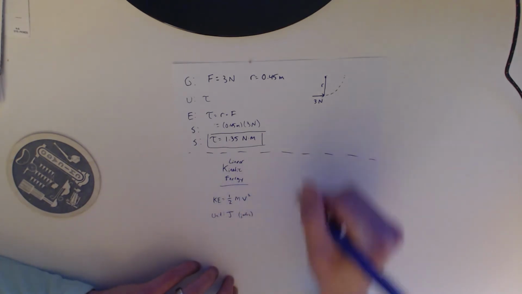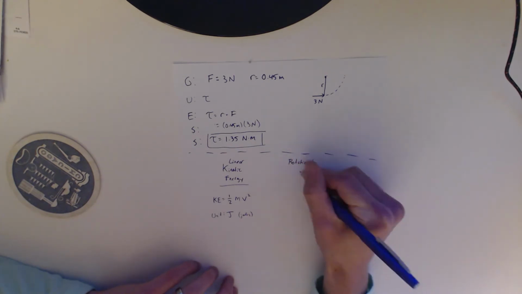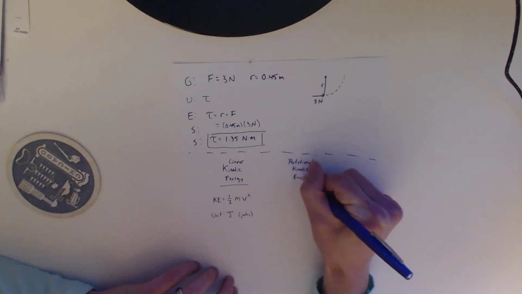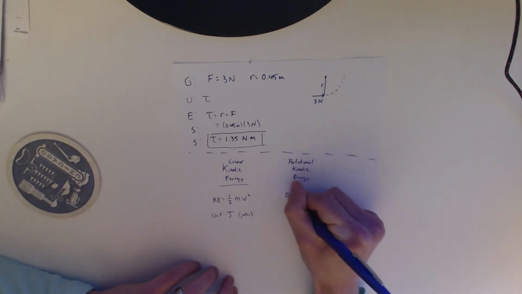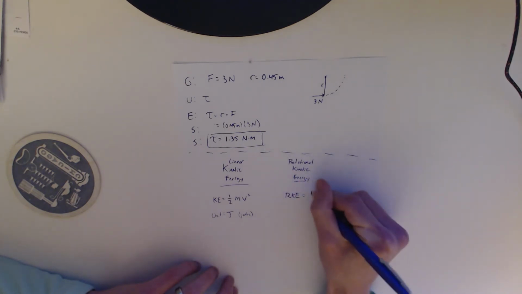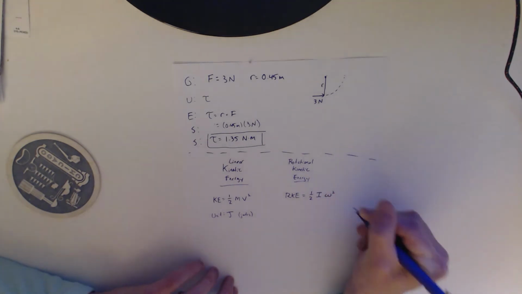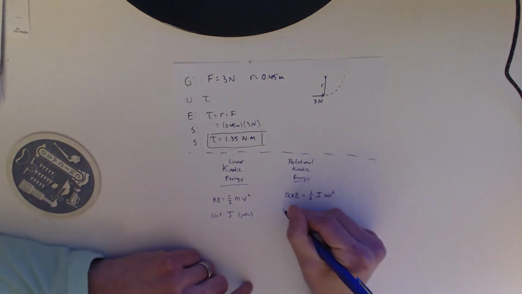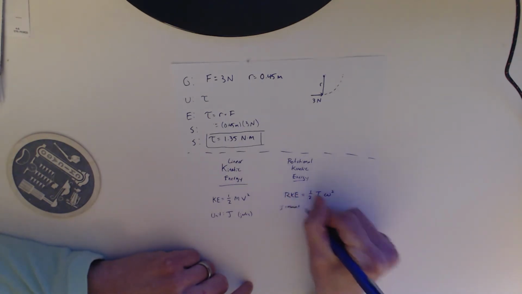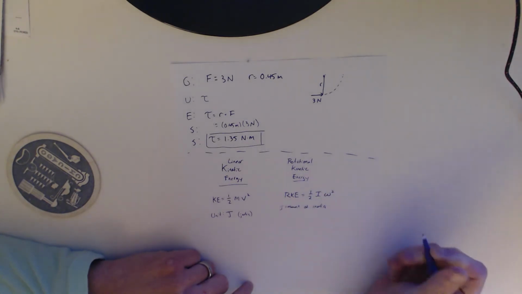Now, rotational kinetic energy is very similar. Rotational kinetic energy, we're going to call it RKE, is equal to 1/2 I omega squared, where I, remember, is moment of inertia, and that is how easy or how hard it is to rotate something.